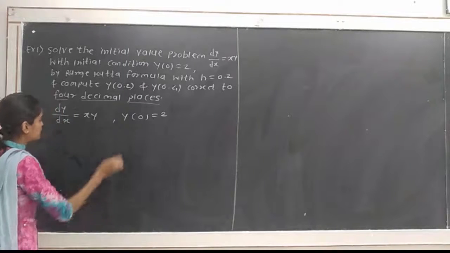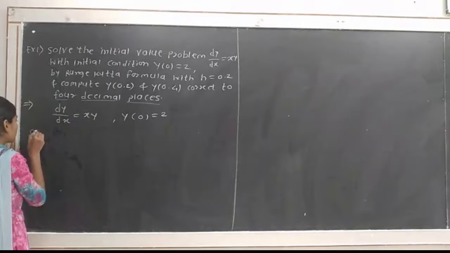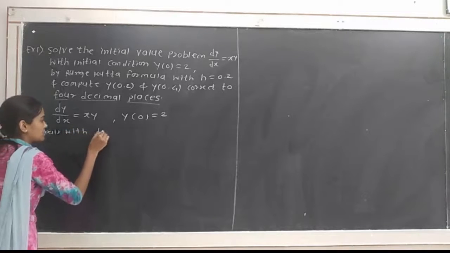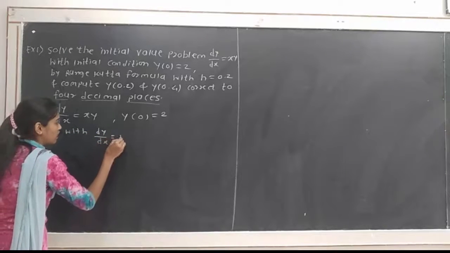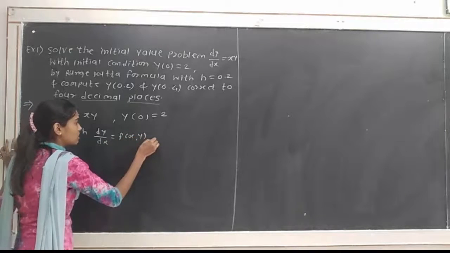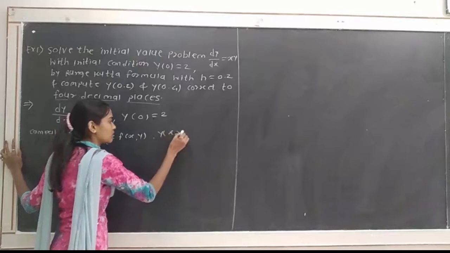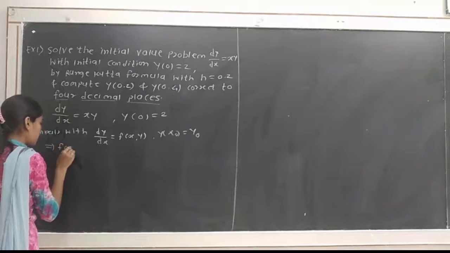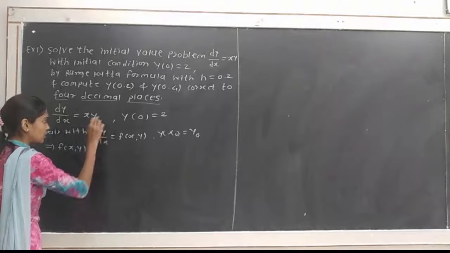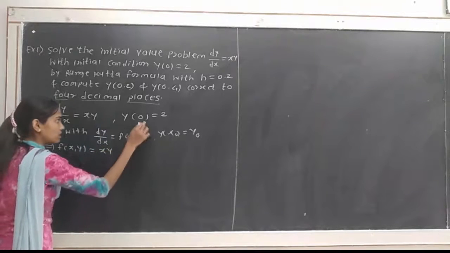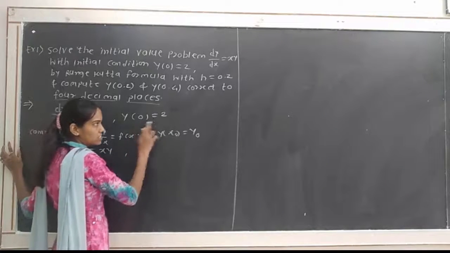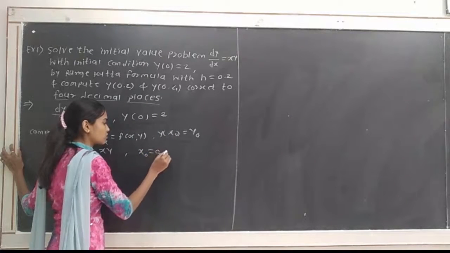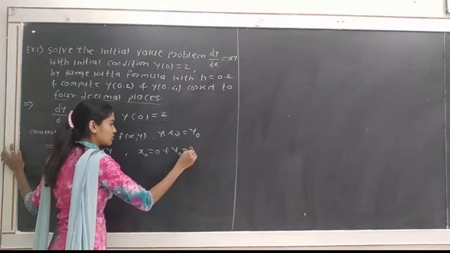If we compare this with the standard form dy by dx is equal to f of x y, with initial condition y of x0 is equal to y0, we get f of x y is equal to x into y, and x0 is equal to 0 and y0 is equal to 2.